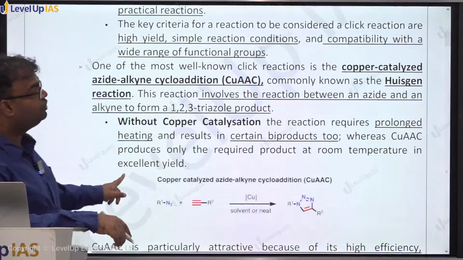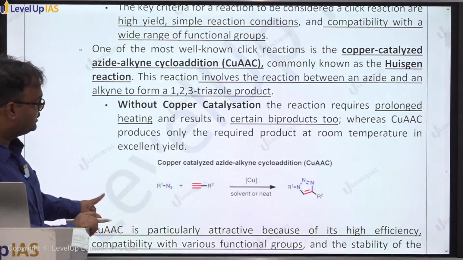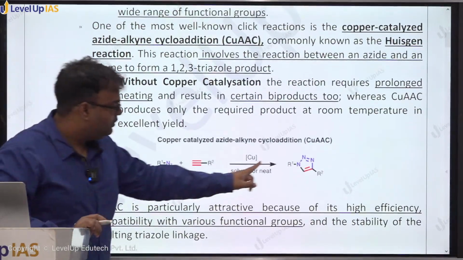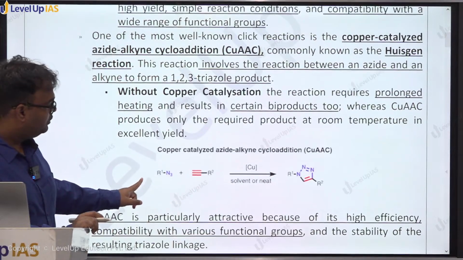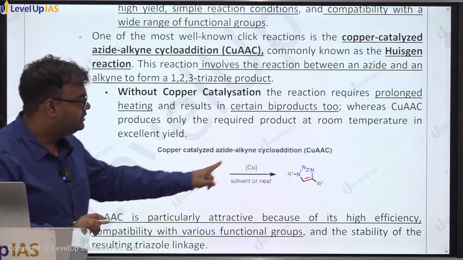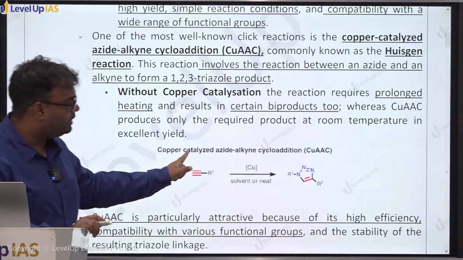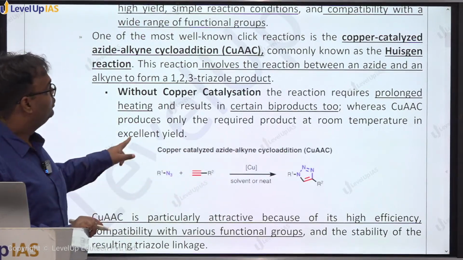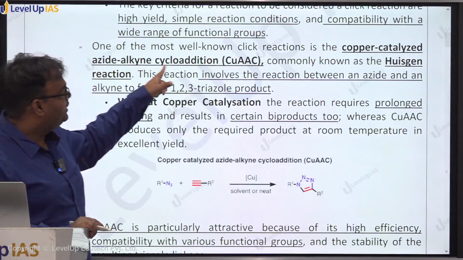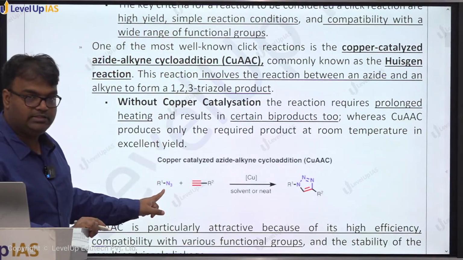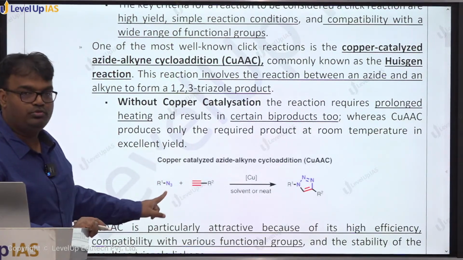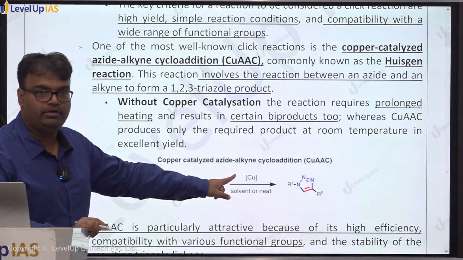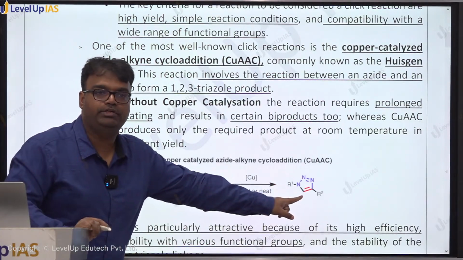So one of the most well-known click reactions is this one, azide alkyne cycloaddition, copper catalyzed azide alkyne cycloaddition. These two molecules in presence of copper can react quickly to produce it.